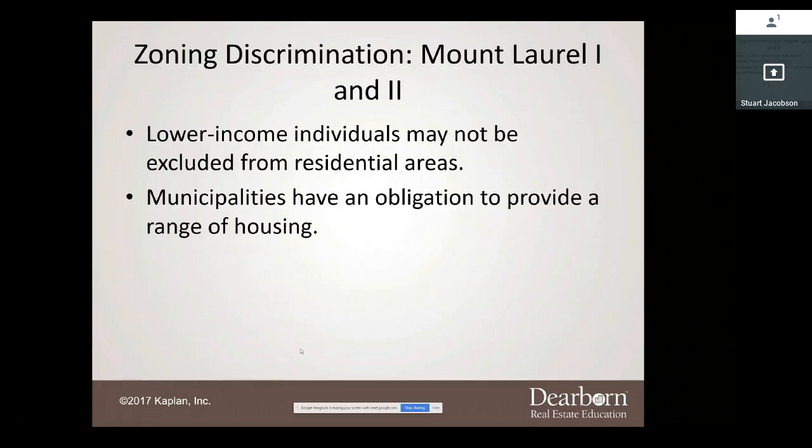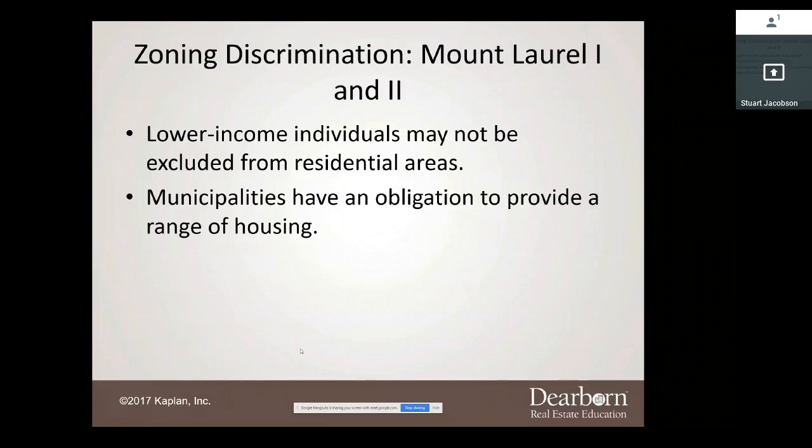Mount Laurel. What do you need to know about Mount Laurel? What is a Mount Laurel? So Mount Laurel is lower income housing. Every municipality has an obligation to provide some sort of low income housing. Every single one. Mount Laurel is a town in southern New Jersey that had some cases come about that brought this to be.